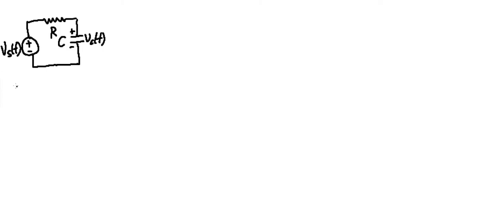We are told the initial condition: everything is at rest, particularly Vc at t equal to 0 is equal to 0. There is no charge stored in the capacitor. And secondly, we are told that the input voltage is a pulse with width T. This is Vs(t).